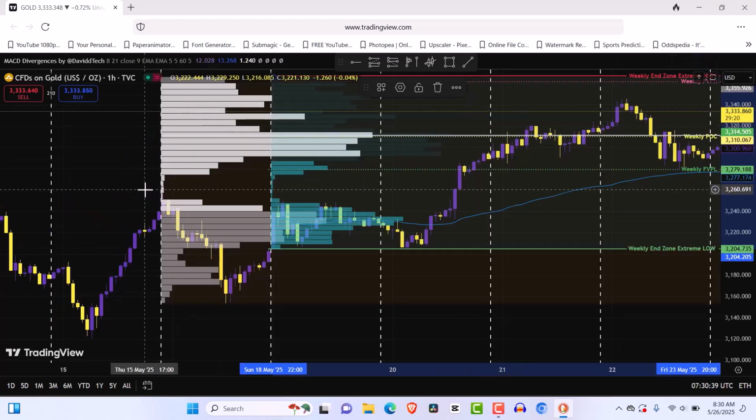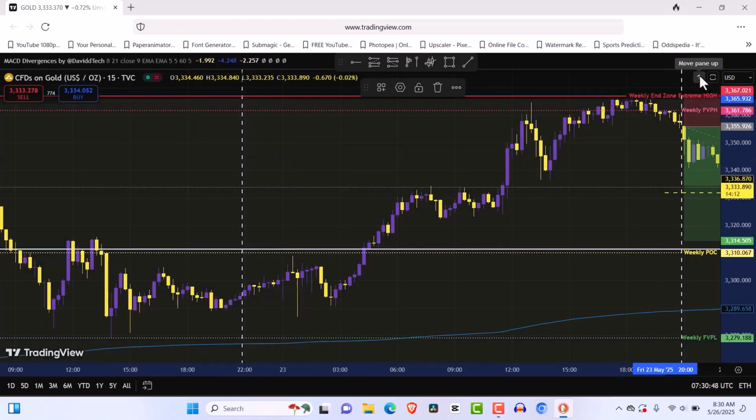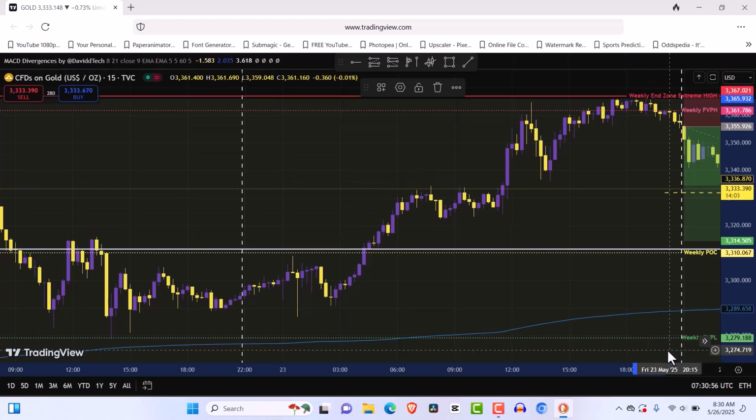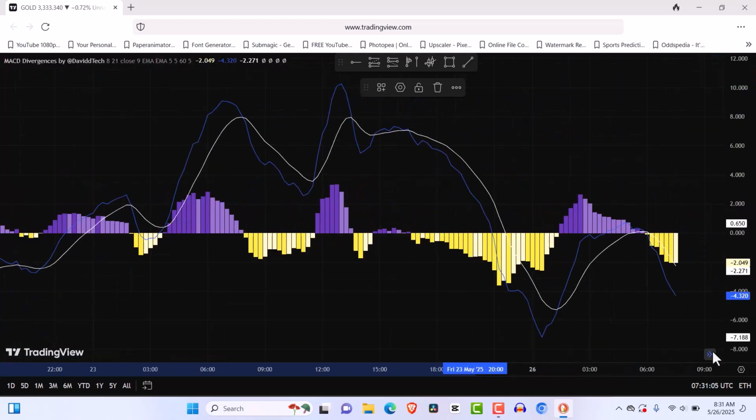I'll just go back to the 15 minute chart. So this is the 15 minute chart. I'm trying to fix this to work properly. Let me pause and get back to you.